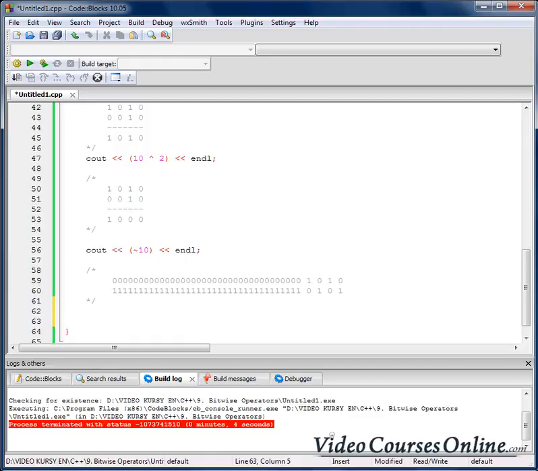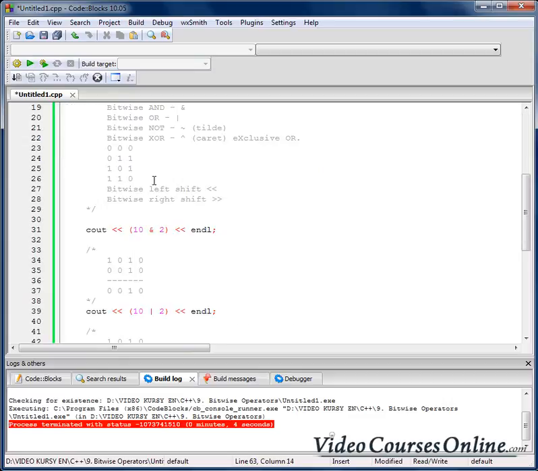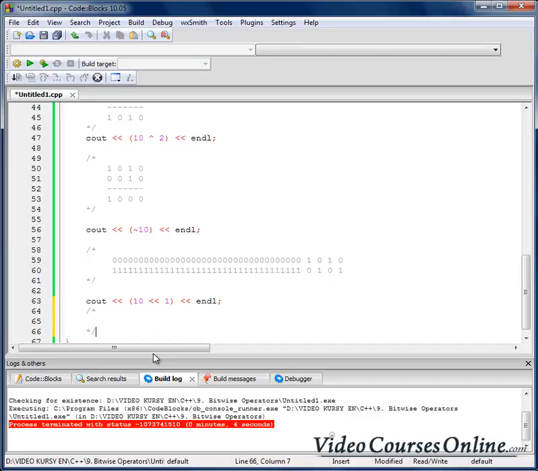Now you can see why we have the negative result. Okay, now let's talk about cout and those shifting operators. So, for example, I do something like that: 10 shifted one time to the left side. And what is that?